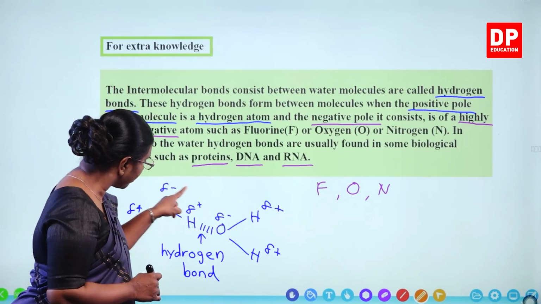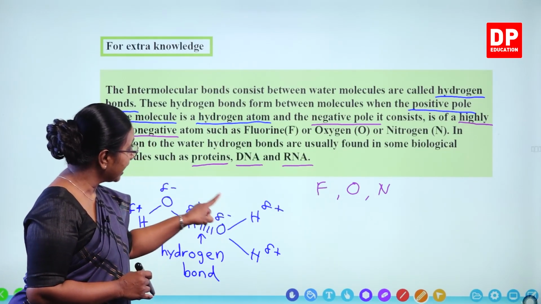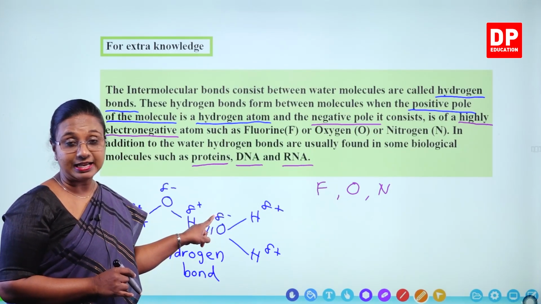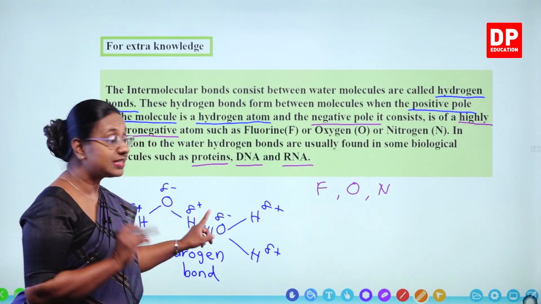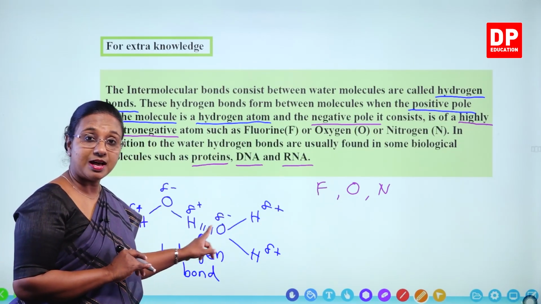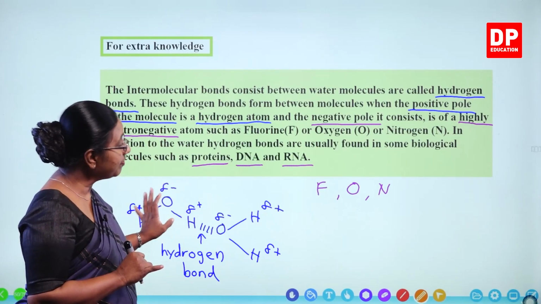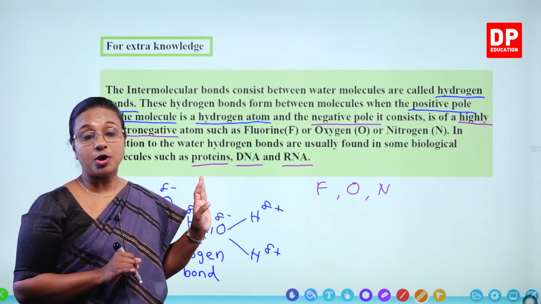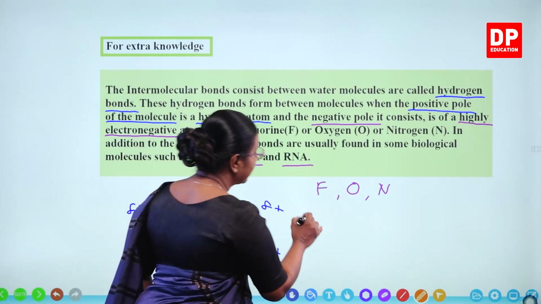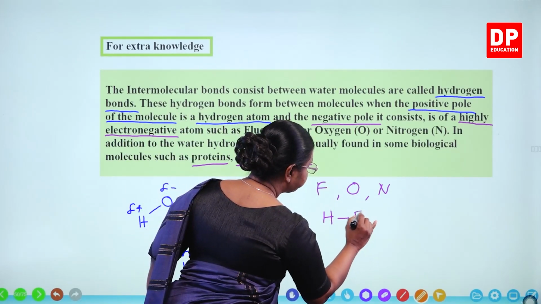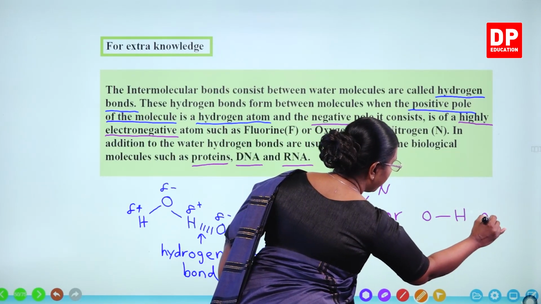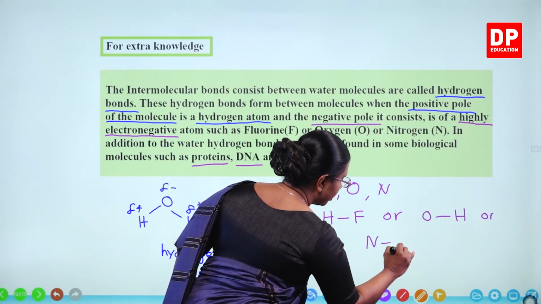And because the positive pole is hydrogen and the negative pole is an electronegative atom, the interaction is somewhat strong. Not strong like covalent bond, but somewhat strong. The same type of intermolecular bond, that is hydrogen bond, can be formed when there is an HF bond or OH bond or NH bond.